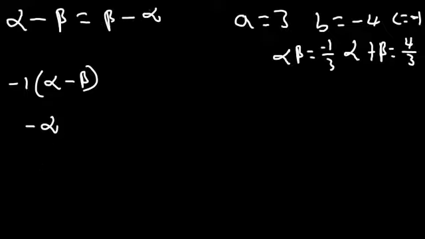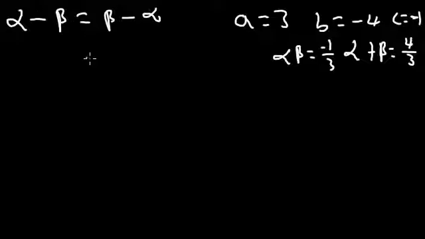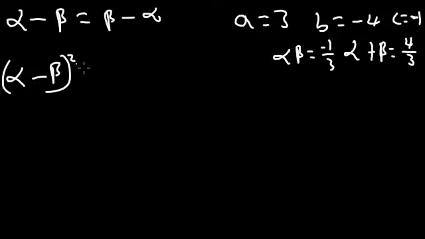So since they are symmetric, we can proceed to finding what it is. What algebraic manipulation can we do to find alpha minus beta? What I would suggest is that we expand alpha minus beta all squared.